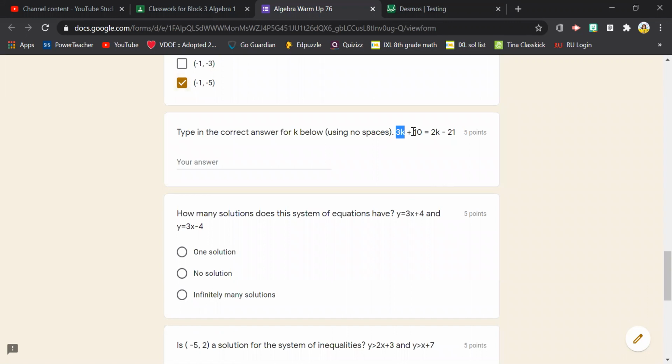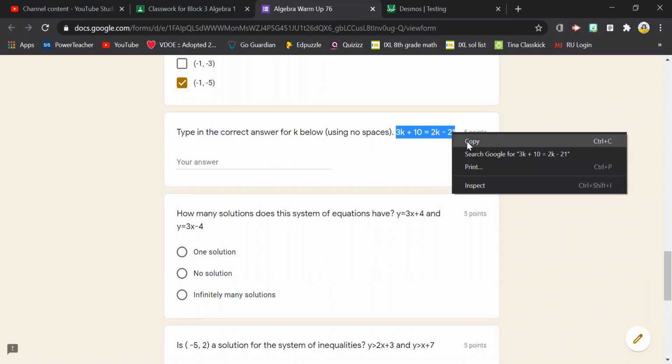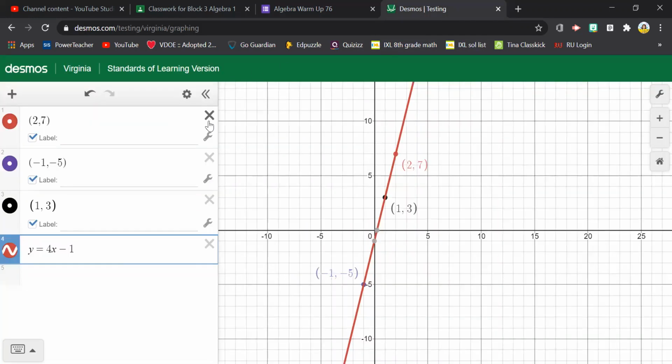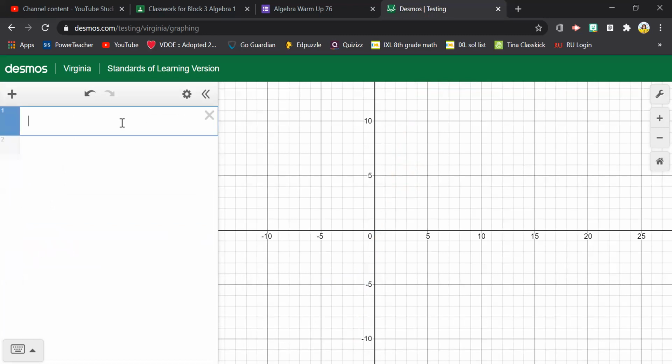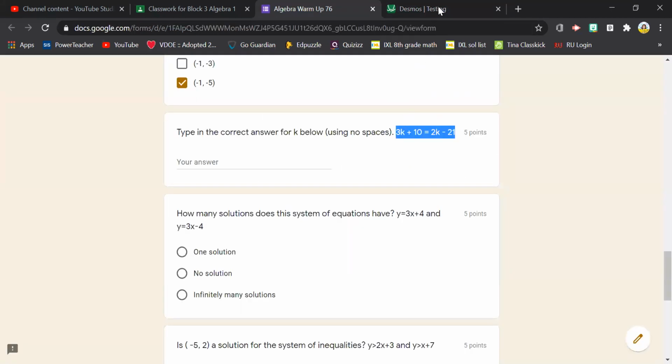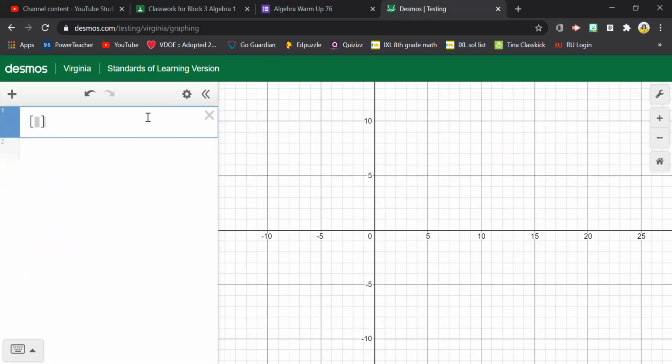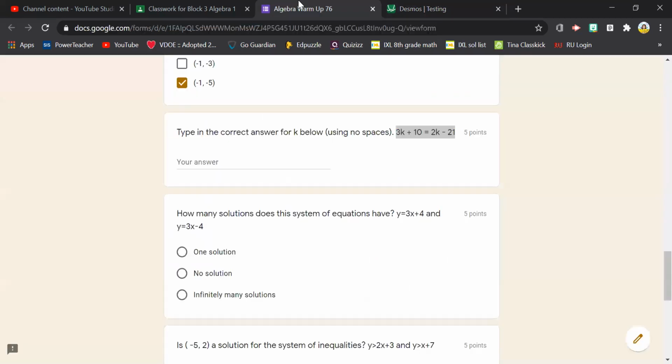All right, for this one, now you could solve this by hand, but once again, I'm going to show you a way to do it in Desmos. Obviously, there's a way to solve all of these by hand, but I'm just trying to show you the way to do it in your calculator. Oh man, it's not going to let me copy and paste. I'll have to actually type it.